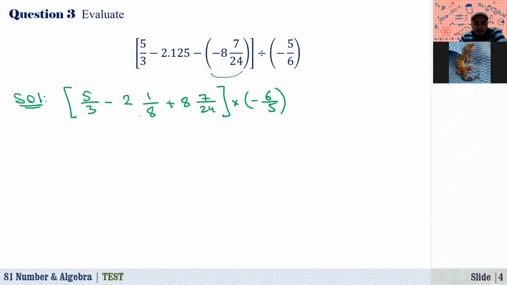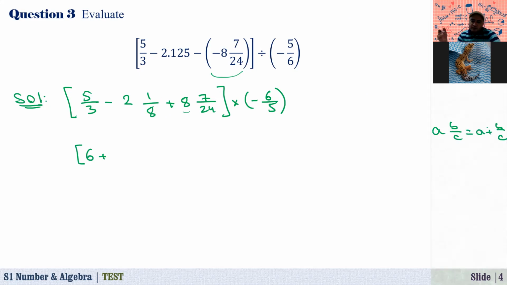So let's just simplify inside the parentheses first. See here the common denominator. If I add this 8 whole number minus 2, that's equal to 6. So here we have whole part 6, because if you're given a fraction a and b over c, that means it's a plus b over c, right?